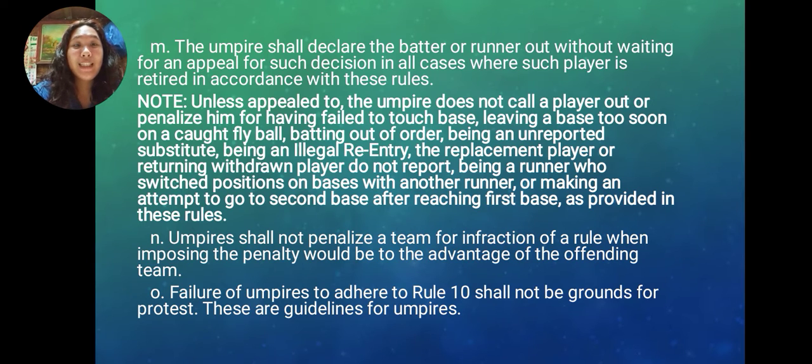The umpire shall declare the batter or runner out without waiting for an appeal for such decision in all cases where such player is retired in accordance with these rules.